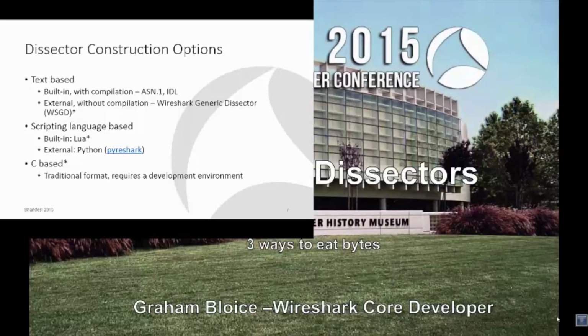Some of these are actually built into Wireshark itself. A lot of dissectors in Wireshark are from text specifications, ASN.1 or IDL, interface definition language. These protocol specifications can be used by tools within Wireshark to create a dissector automatically. And a lot of dissectors in Wireshark are of that form.